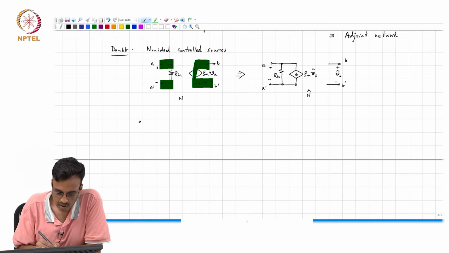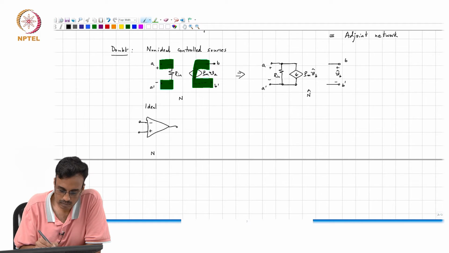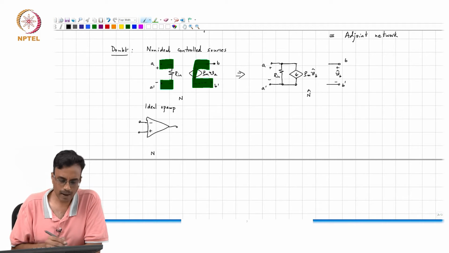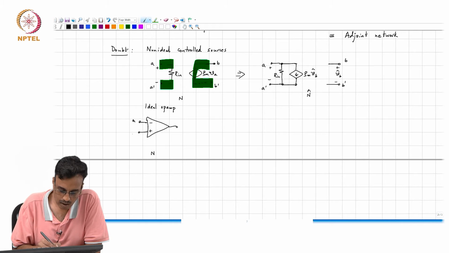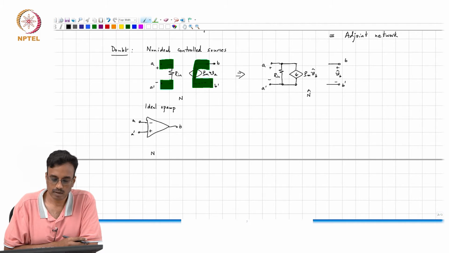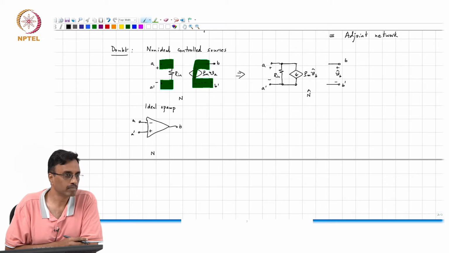So in N, let's say you had an ideal op amp. All right, and if you have an ideal op amp, what comment can we make about the properties of an ideal op amp?